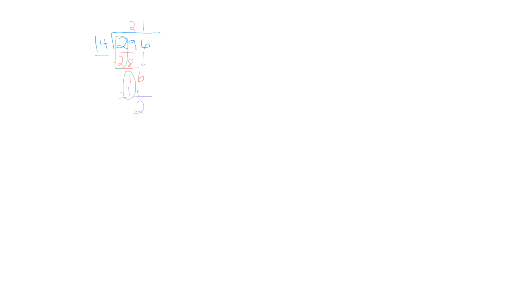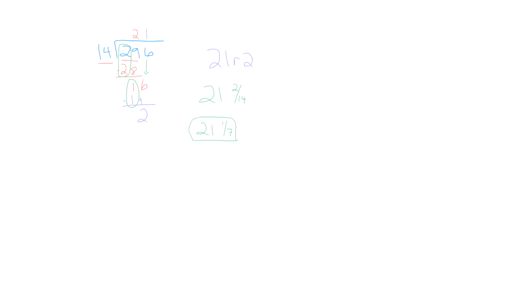So I would write my answer 21 remainder 2, or since we're older and smarter now, we write 21 and 2 over whatever we started with, which is 14. And remember, anytime you can reduce your fraction, you should. So 21 and 1 over 7 would be the answer.